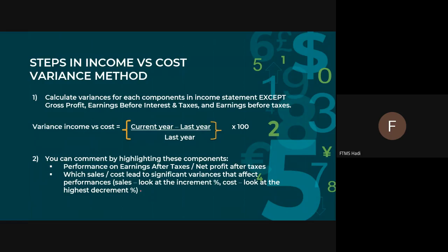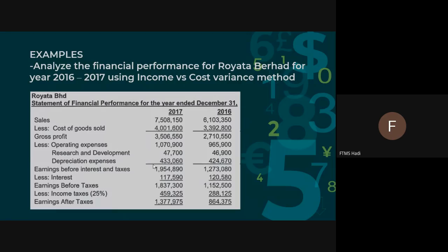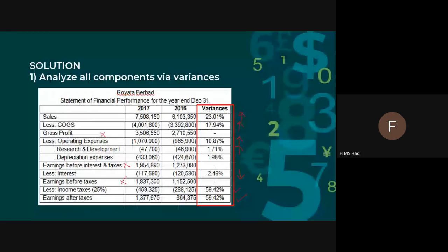Why sales increment? Because sales is a positive value. For cost, the highest decrement is because of the negative, that means minus. We want to see which one has the highest cost. As you can see, this is my narration here.